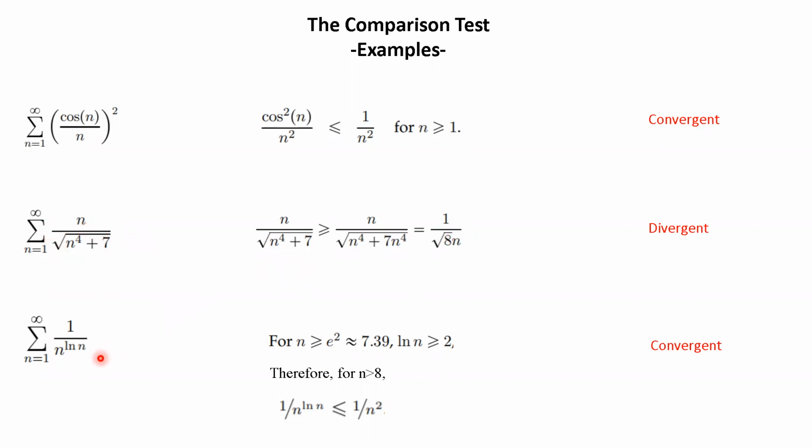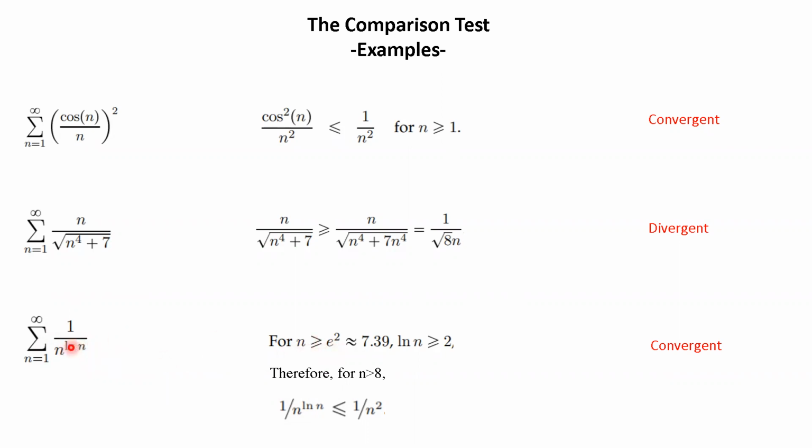The last example over here is 1 divided by n to the power log n. This sounds complicated, but you know that as long as log of n is a number greater than 1, the series will converge. So here I am going to consider this log n.